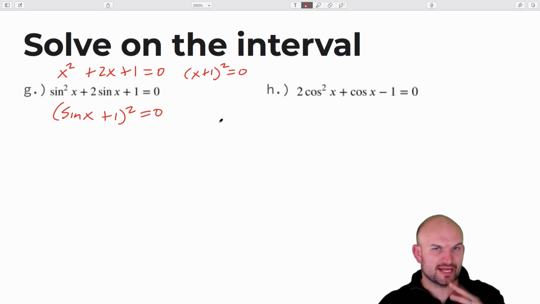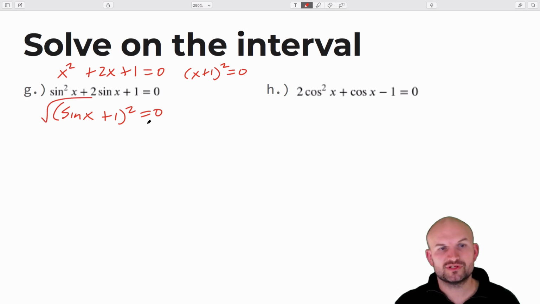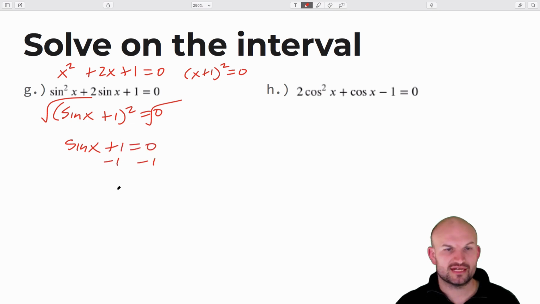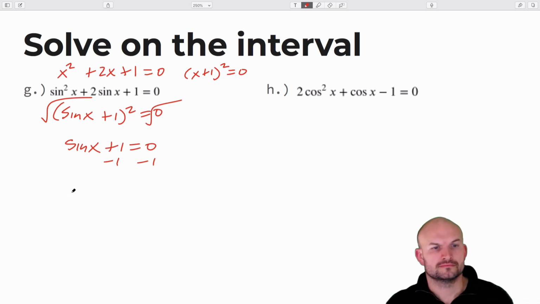But again, if you have trouble with this, just go back to the x's and do it that way. Now in this case, we're going to square root both sides, and I'll have sine of x plus 1 equals 0, and subtract. And therefore sine of x is equal to -1.